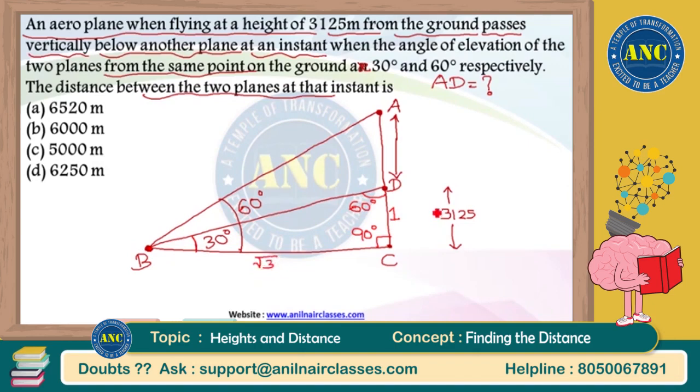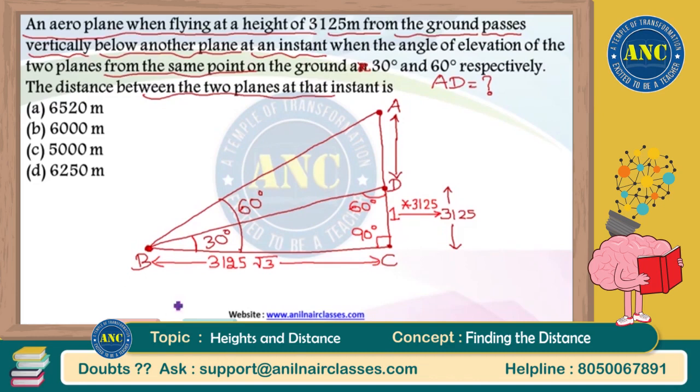But according to the question, opposite to 30 is not 1, it is 3125. So 1 into 3125 is 3125, and root 3 also should be multiplied by 3125. That means BC value is 3125 root 3. I believe this is very clear for you people.